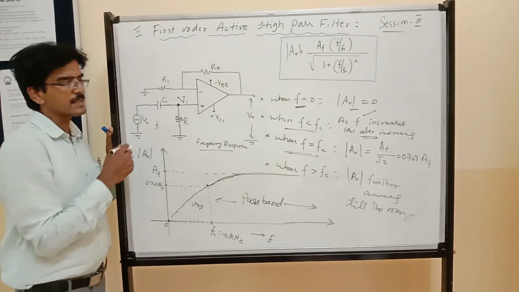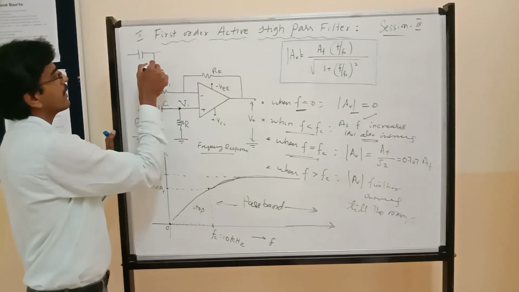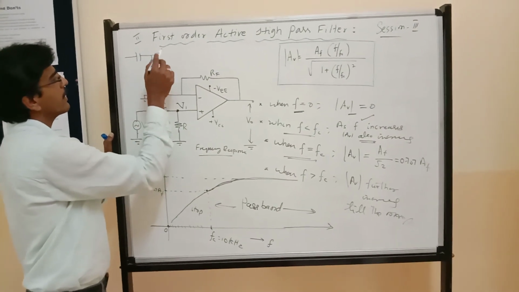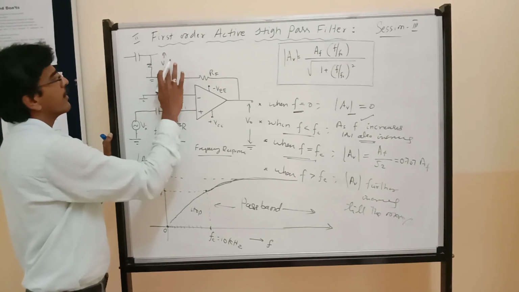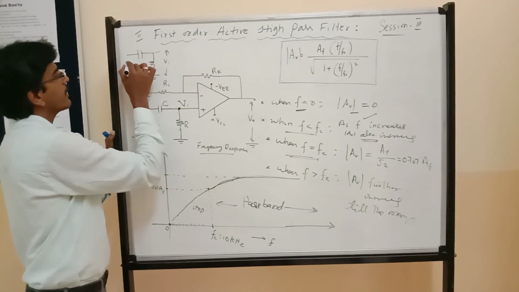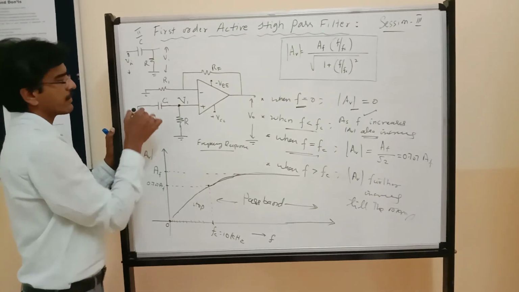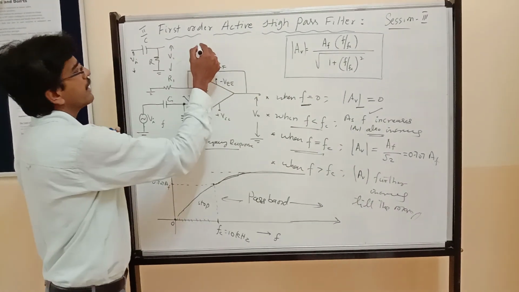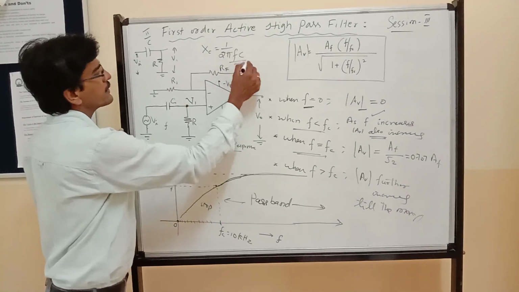What is the significance here? Again, if I take this small circuit, it is an RC network. You have V1, and you are applying input here. So what is Xc? Xc equal to 1 by 2 pi Fc.